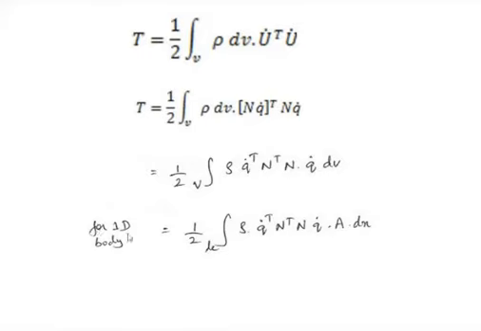So for one dimensional element, your integration over the volume changes to integration over the length rho q dot transpose N transpose N q dot. Your dV will be replaced by A into dx. If you observe carefully, this dx is in Cartesian coordinate, but to change it to natural coordinate, we use the relation zeta is equal to 2 into x minus x1 divided by x2 minus x1, minus 1.